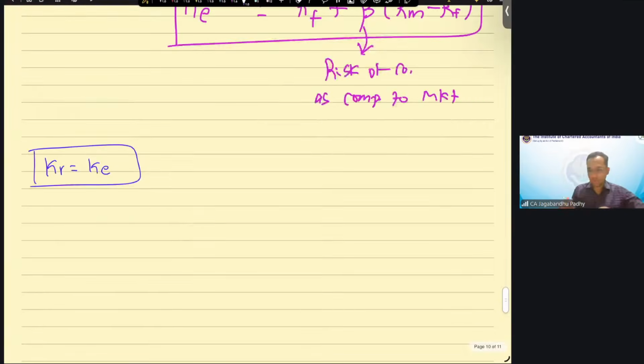Okay, now let's go for weighted average cost of capital calculation, which is going to be a bit two-dimensional thing. So first, let us calculate weighted average cost of capital.